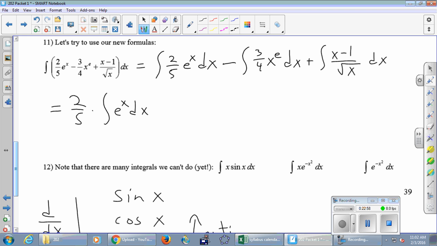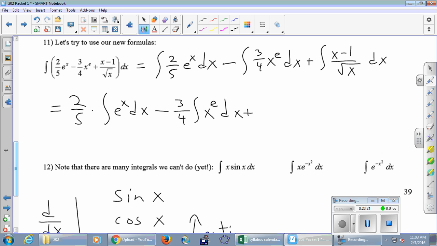The integral of e to the x dx is the first integral that we've written in this problem that we actually have a rule for, right? We know what that's equal to. So we're just taking away the stuff that we can deal with separately to get to a fundamental integral that we know. Minus what comes out? 3/4 integral x to the e dx plus.